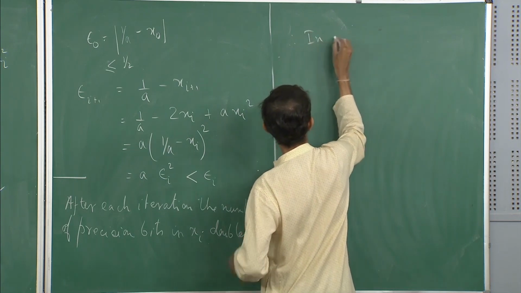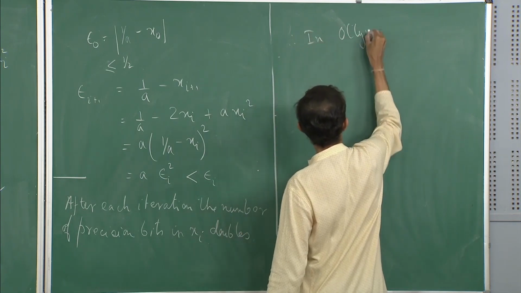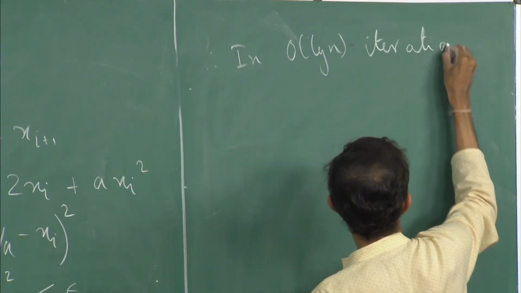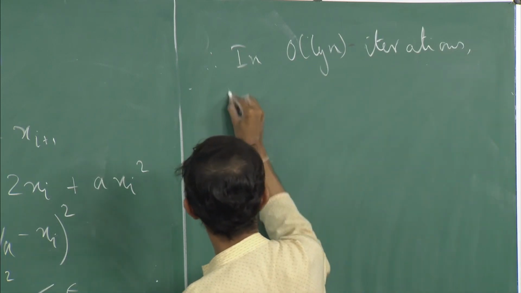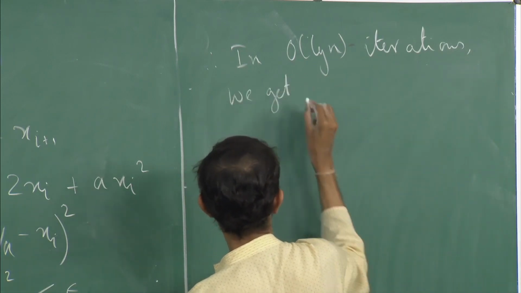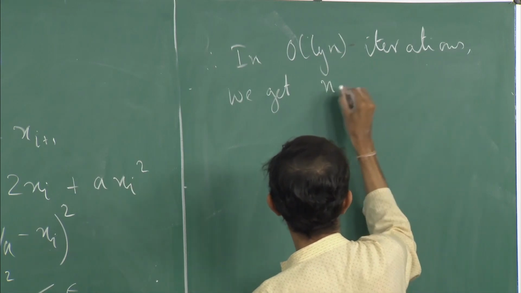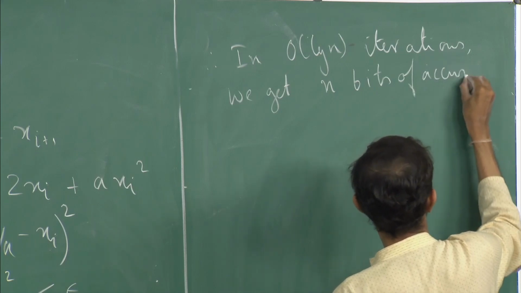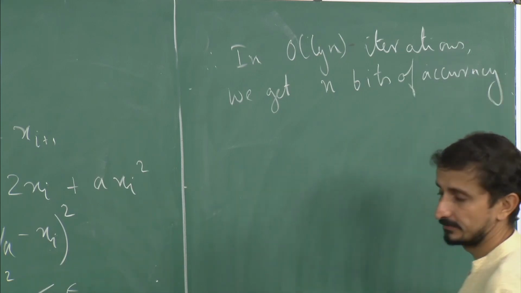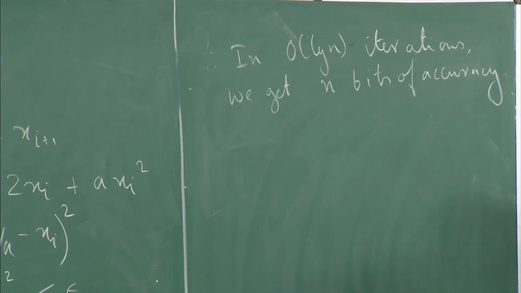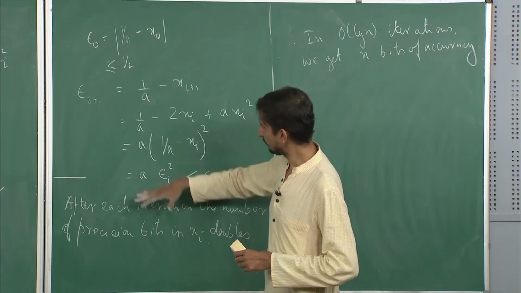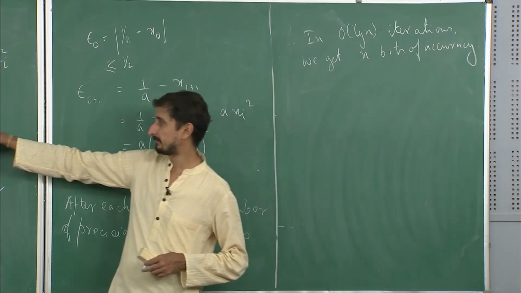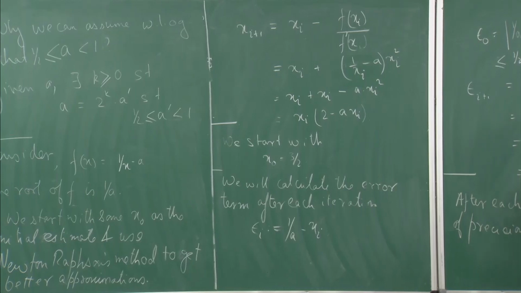Therefore, in order log n iterations, we get n bits of accuracy, and that is what we want. So essentially, we do this in an iterative fashion. At each level we are doing essentially multiplication and addition.